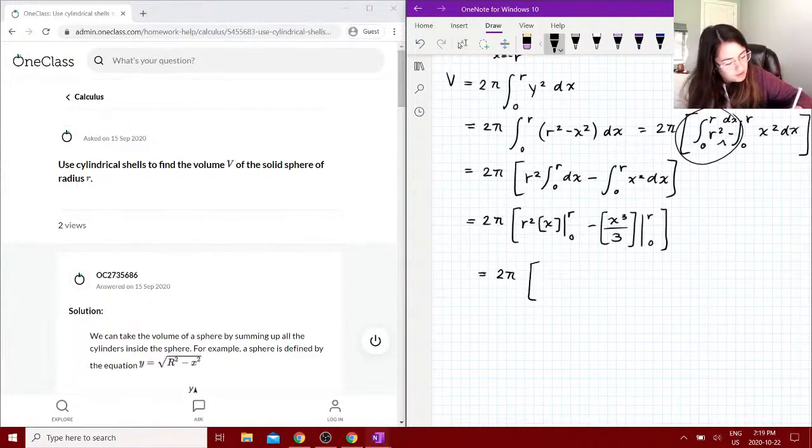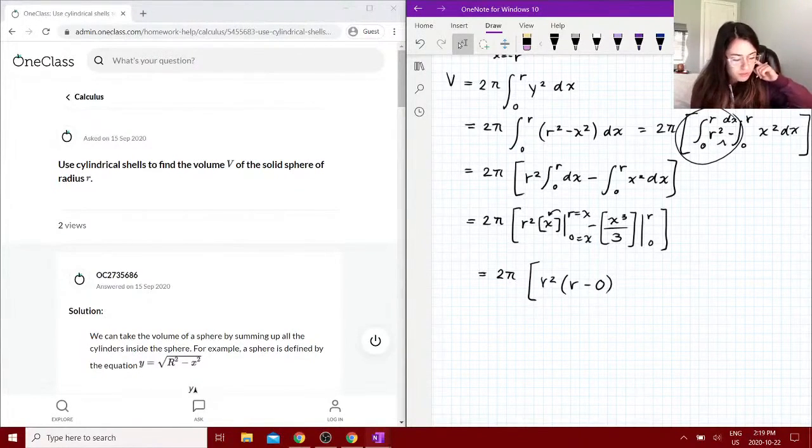2 pi. Okay, so r squared times, so we're evaluating from r to 0, so we're going to replace the x with r first, so on top is what you do first, r, minus, and then the second one, replacing x with 0. Alright, remember that before we said that this was equal to x, so replacing the x's with r and 0.